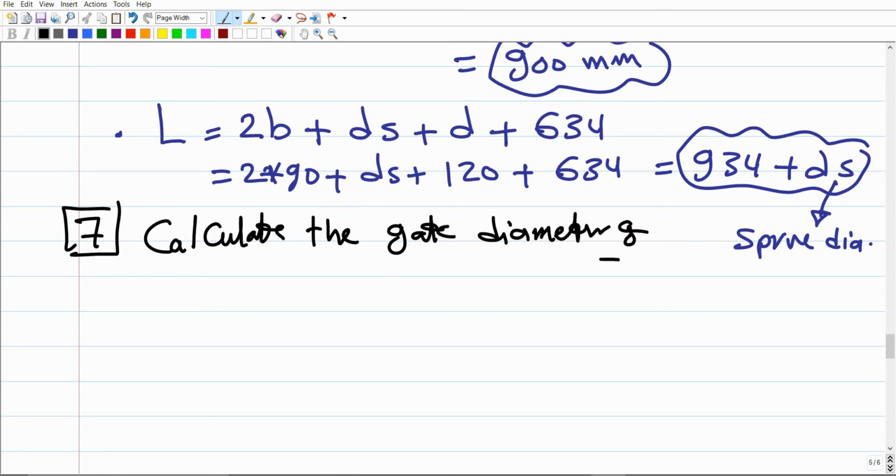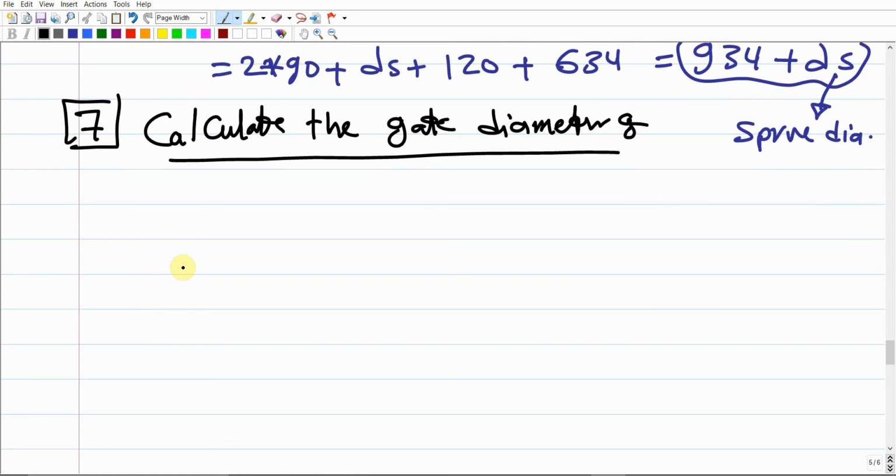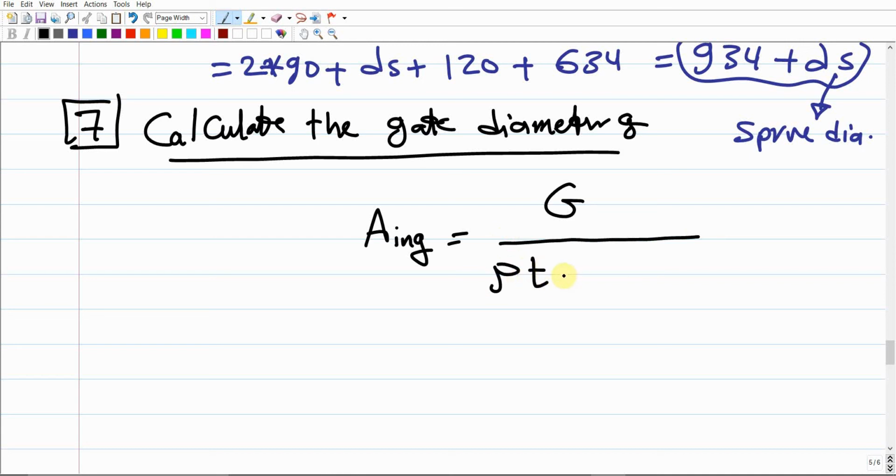How can we calculate the gate diameter? We said that there is a formula that we have to plug in, which is the area of the ingot or the gate equals G, which is the gross weight, divided by rho, which is the density of the steel, times the pouring time, times nu, which is the coefficient of friction, times the square root of 2gh.